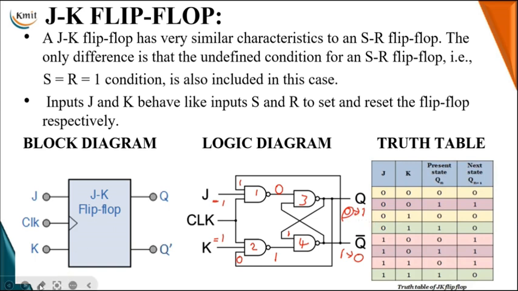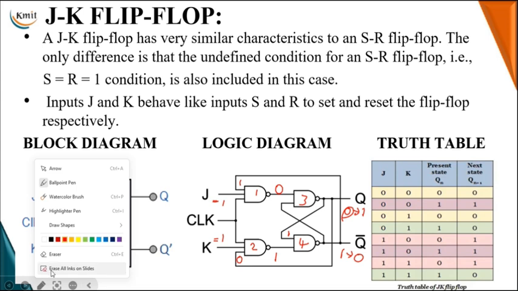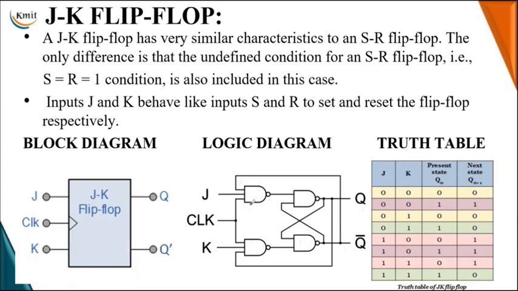Now let me verify another state, assuming the state of the flip-flop is 1 and the same input condition, J and K equal to logical 1. If the present state is 1, the complementary state will become logical 0. Since a feedback is provided, this 1 comes as an input.